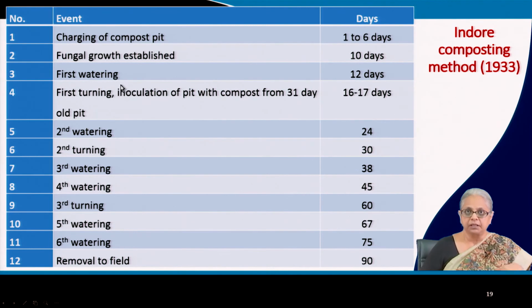The first turning, and in this case no aeration was done, simply mixing of the contents was done, and compost from a 31-day-old pit was brought into the new pit to get sufficient microbial inoculum.